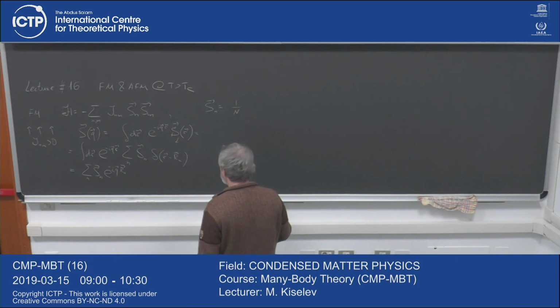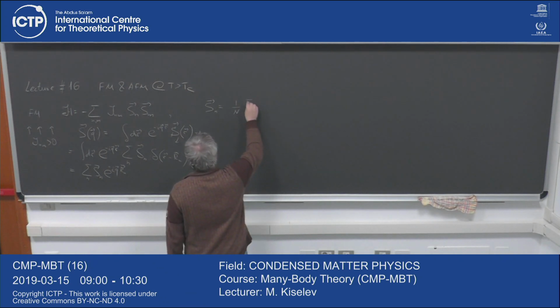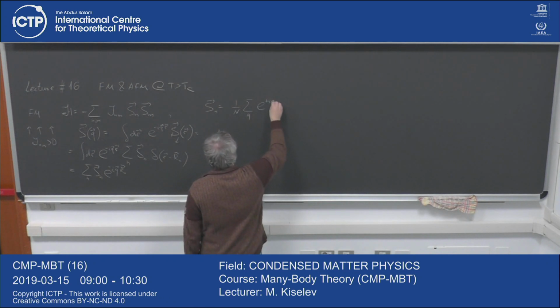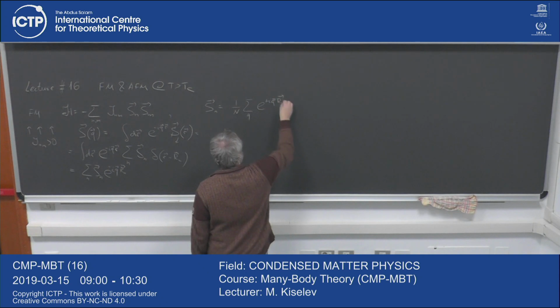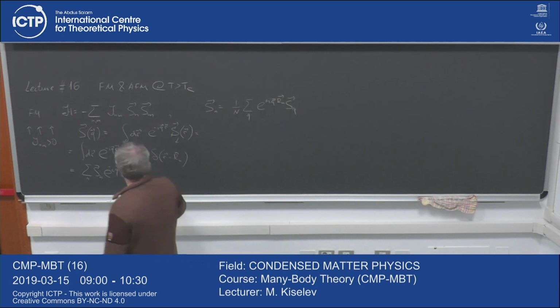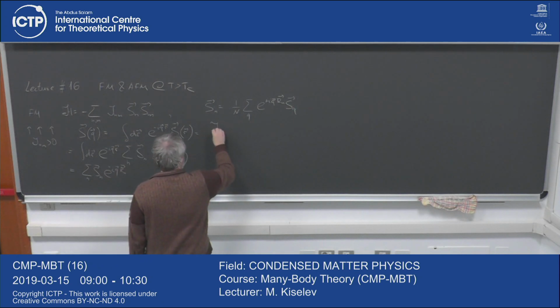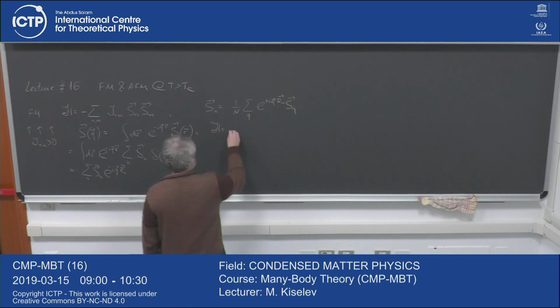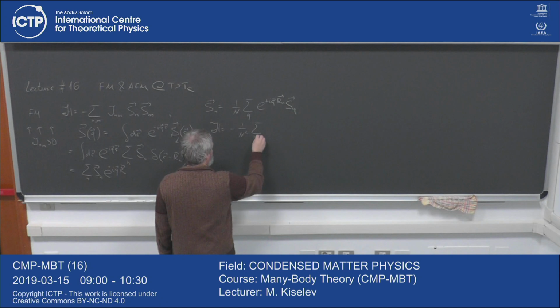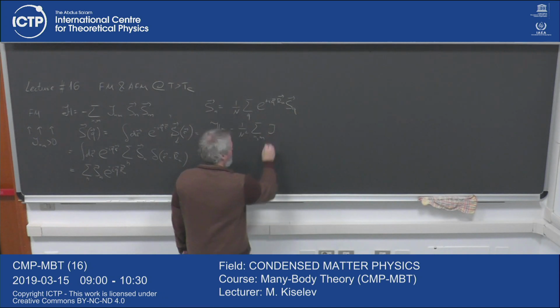If I do everything correctly, this is the sum over q e to the power plus i q r_n S_q. And therefore, the Hamiltonian H can be written down as minus 1 over N squared, sum over n, sum over m.